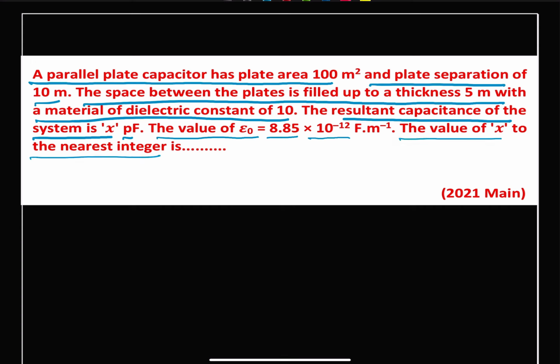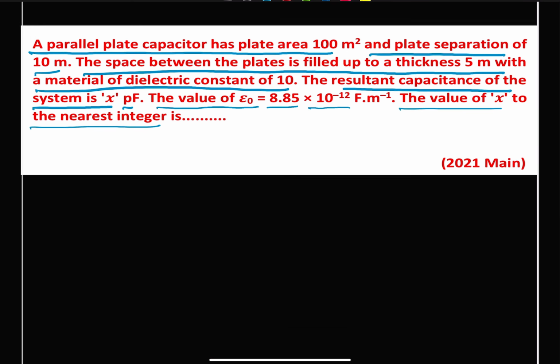So here we have a parallel plate capacitor whose area is A, and D is the distance between the plates, which is given as 10 meter. Within the plates we put a dielectric of thickness 5, so obviously it will be exactly half of the gap.